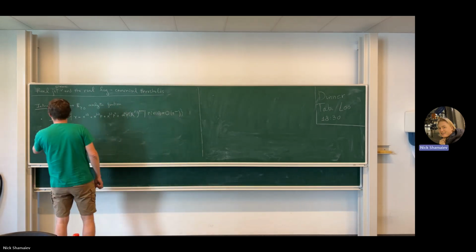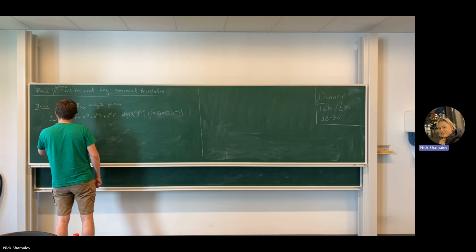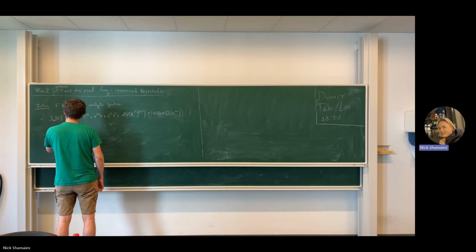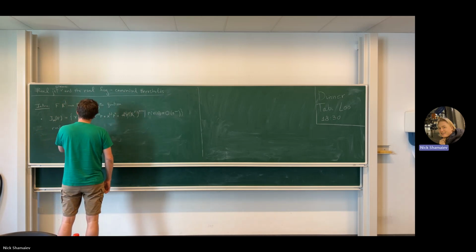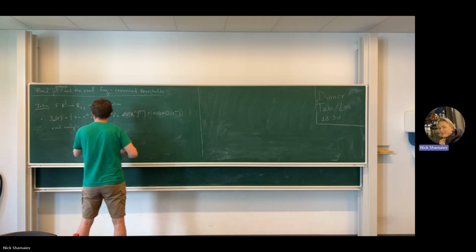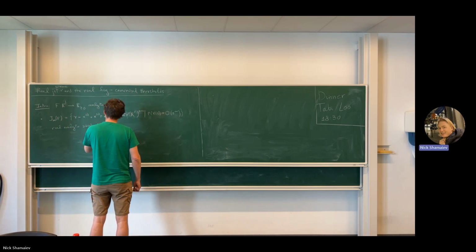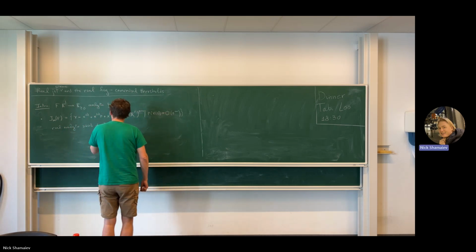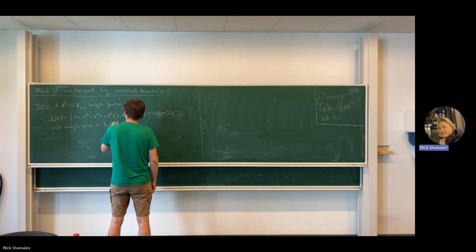So what are these objects? Well, they are real analytic subsets of this thing, which deserves to be called the jet scheme of R^n.